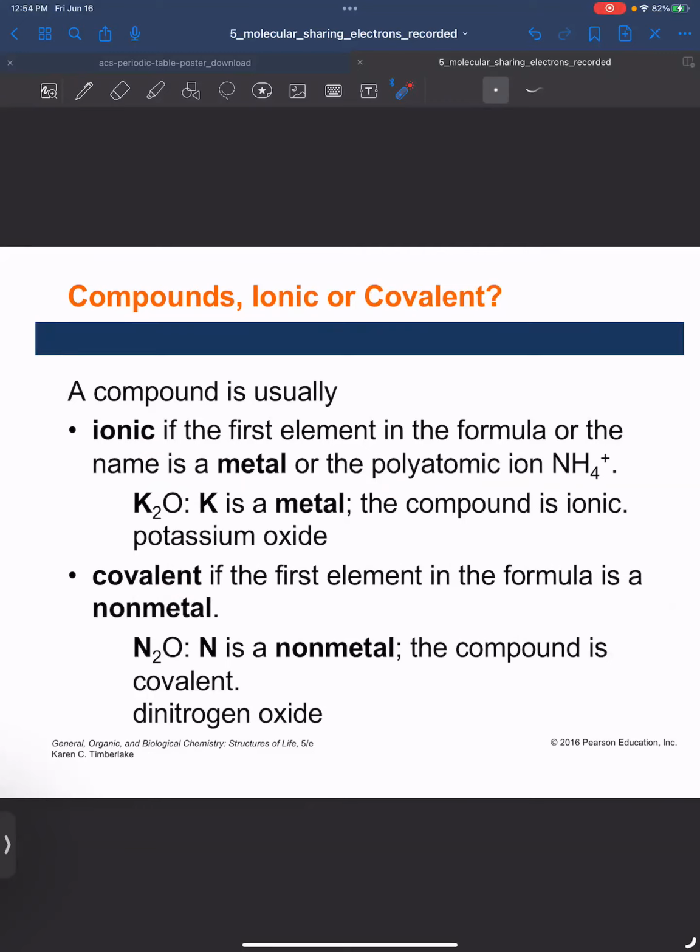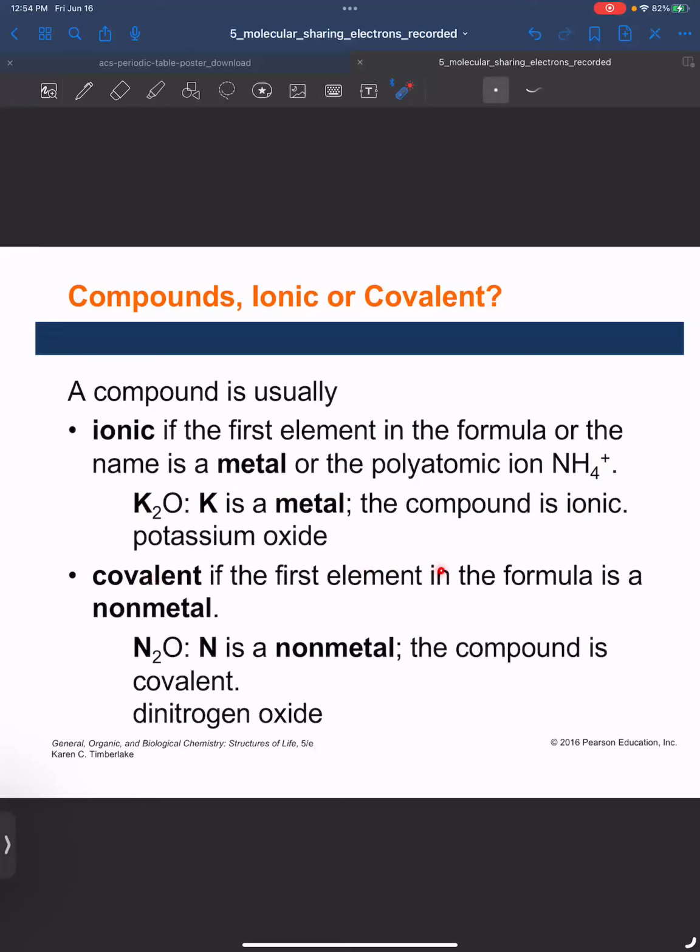Ionic, if the first element in the formula or name is a metal, or the polyatomic ion ammonium. For example, if we have K2O, we notice K, which is potassium, and that's a metal. So immediately you know that the compound's ionic, and you'll want to follow the ionic system for naming.